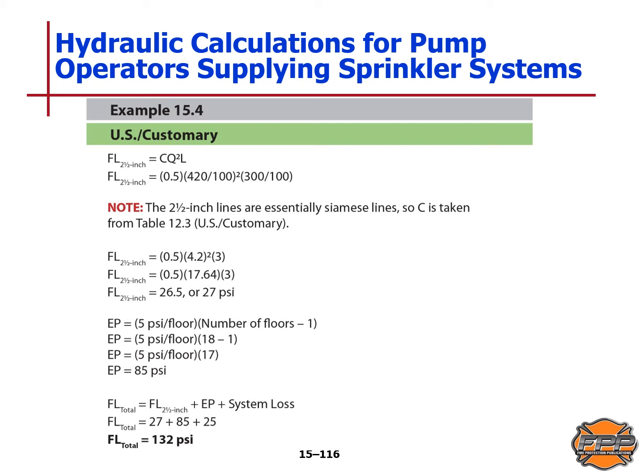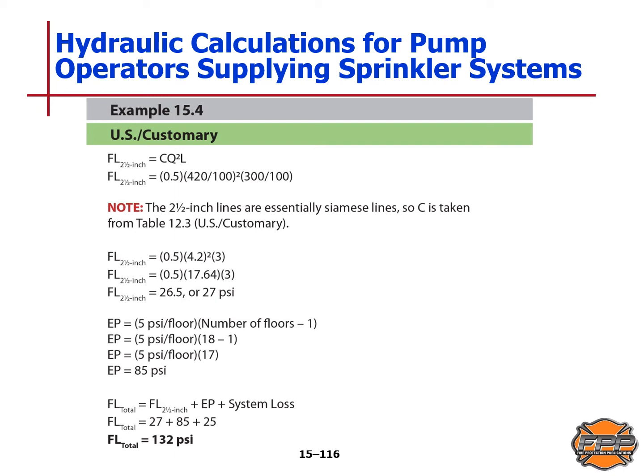Now the elevation pressure is 5 psi per floor times the number of floors minus 1. So we have elevation pressure, which is 5 psi per floor times 18 minus 1. So the elevation pressure is 5 psi per floor times 17. So our elevation pressure is 85 psi.